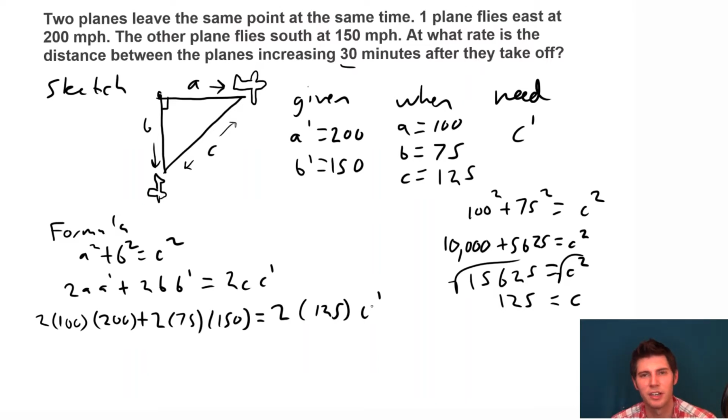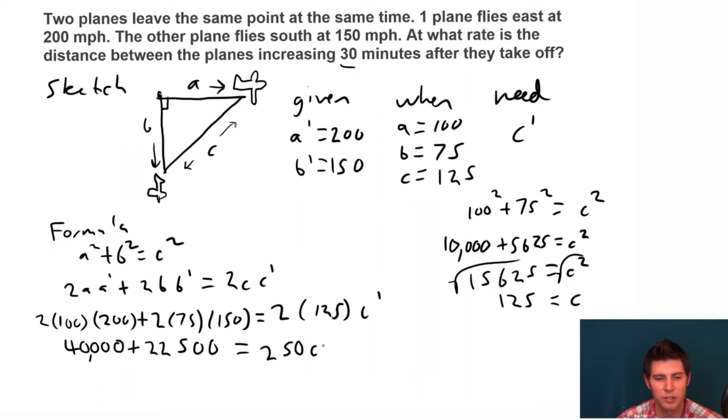So it doesn't get much clearer than this. 200 times 100 is 20,000 times 2 is 40,000. 2 times 75 is 150 times 150 is, look in the calculator, 22,500 equals, and 2 times 125 is 250, C prime.